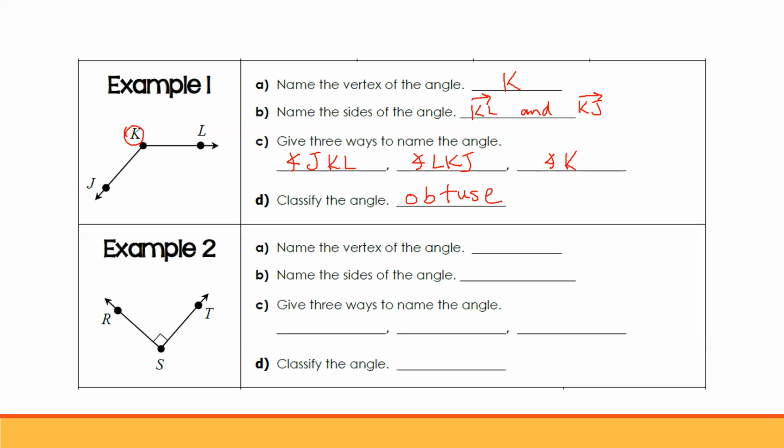I'd like you to try example 2. Go ahead and try example 2 now. Okay, so the name of the vertex of this angle, well, that's point S. The sides of my angle are rays SR and ray ST. I can name the angle by angle RST, angle TSR, or I could just call it angle S. That's silly, angle S. And then because I see that little box right there, I know that this is a right angle.